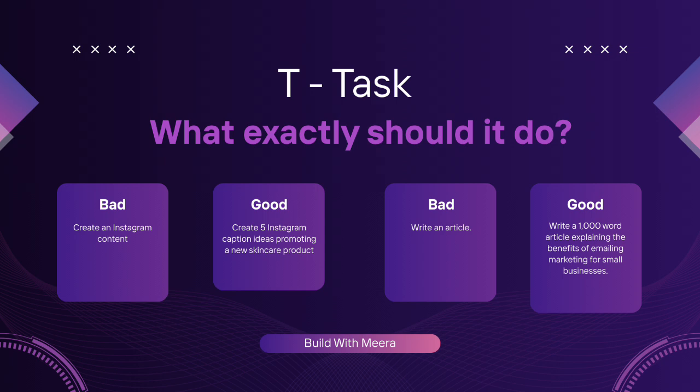Yeah. So try to be as specific as you can with the task. For this, I have two sets of examples as well. In the first set, there is a bad and then a good task, and then the second set also has the same. Now, the first set, the bad task is to create an Instagram content.